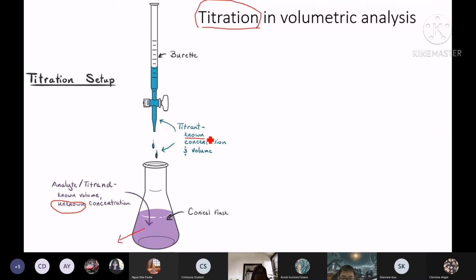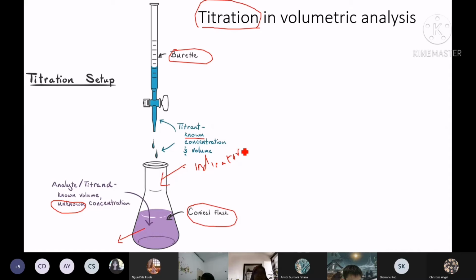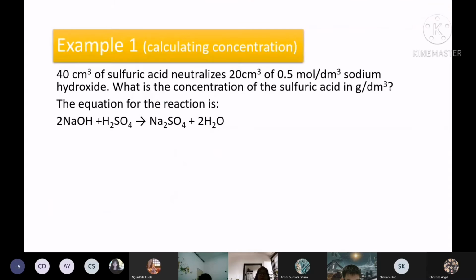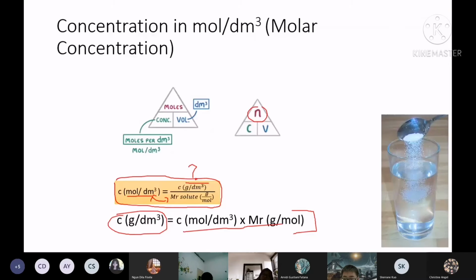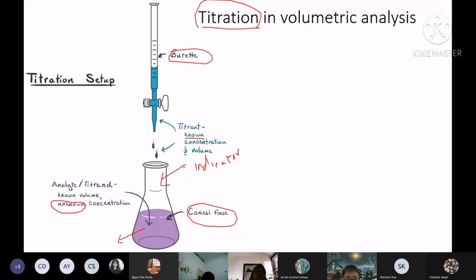We put the known solution in the burette, and the unknown solution in the conical flask, and then we add some indicator. The function of the indicator is to detect the change of color after the reaction is neutralized. So we can use the method of titration to calculate the concentration of unknown solutions.